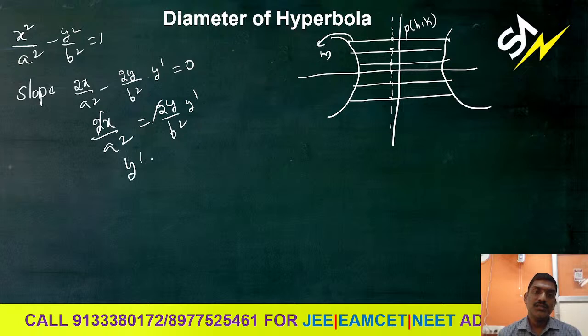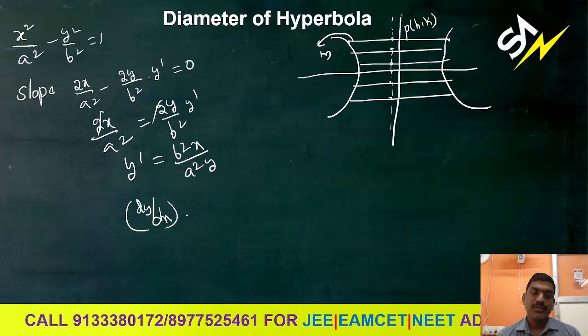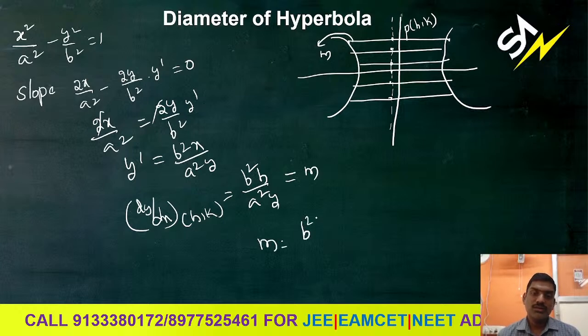So y dash is equal to b square x divided by a square y. So dy by dx at (h, k) is b square times h divided by a square times k. According to the problem, this is m. So m is equal to b square h by a square k.